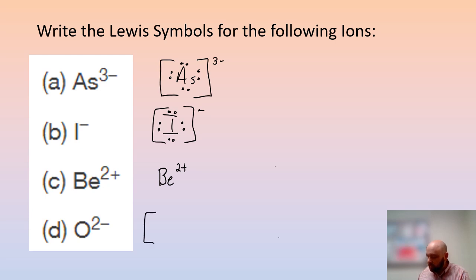And as with our other anions, we will show oxygen and we will put 8 electrons around the oxygen because it gains 2 electrons to complete its octet. And by gaining 2 electrons to complete that octet, it gains a 2 negative overall charge. And so the Lewis symbol for the oxygen anion is as you see there.